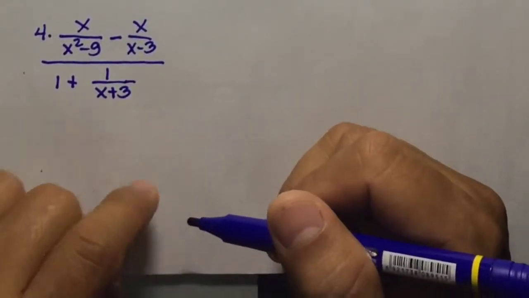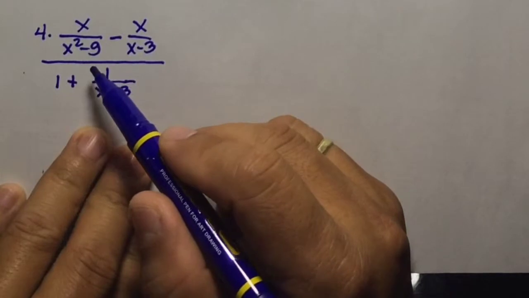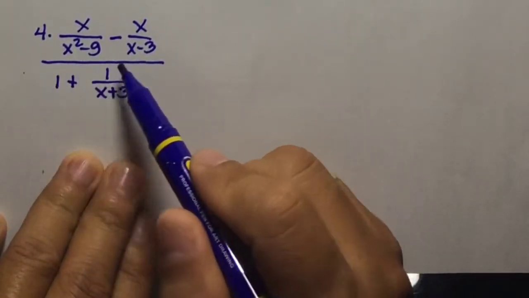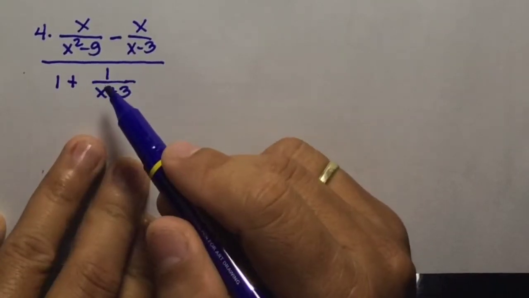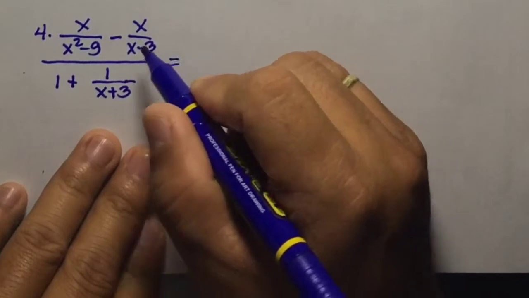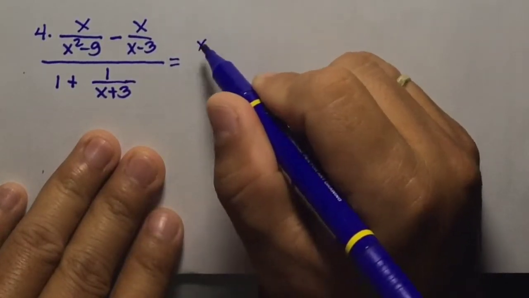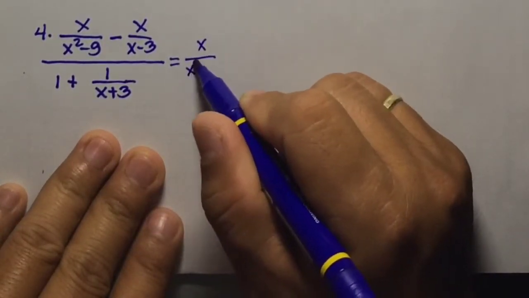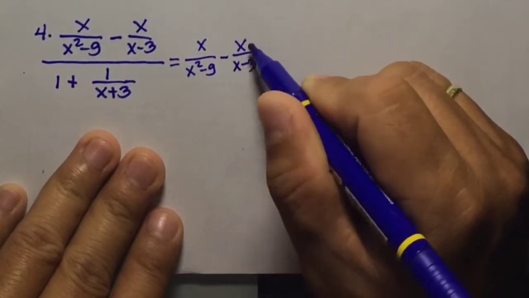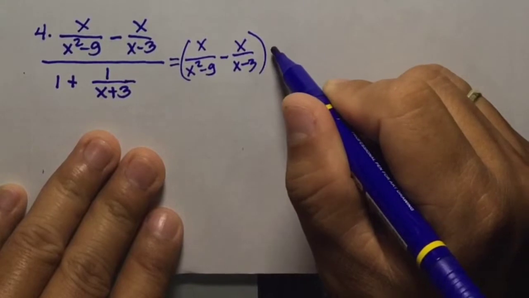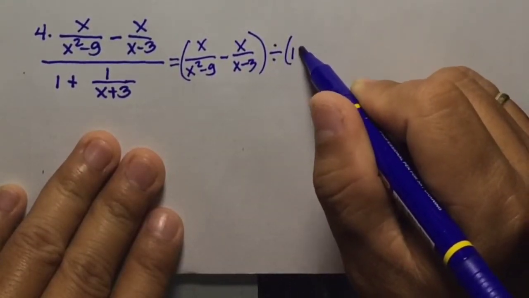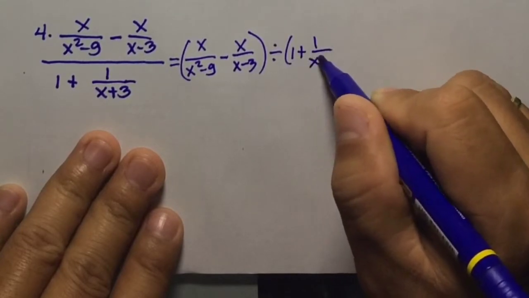Then example number 4, (x over x squared minus 9 minus x over x minus 3) divided by (1 plus 1 over x plus 3). We can have this as x over (x squared minus 9) minus x over (x minus 3). This is the numerator, divided by the denominator 1 plus 1 over (x plus 3).